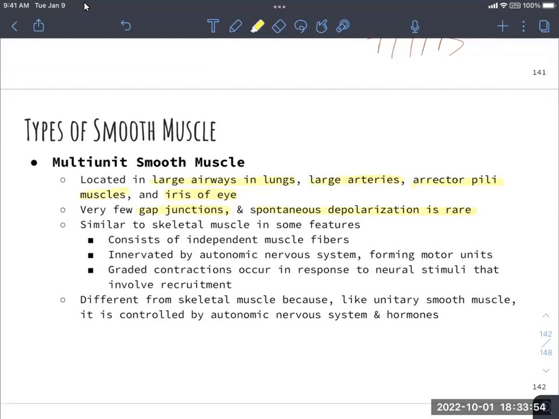They're independent muscle fibers. They have that autonomic nervous system innervation, and they form motor units just like skeletal muscle does. They have graded contractions like skeletal muscle because they're responding to the amount of stimuli.